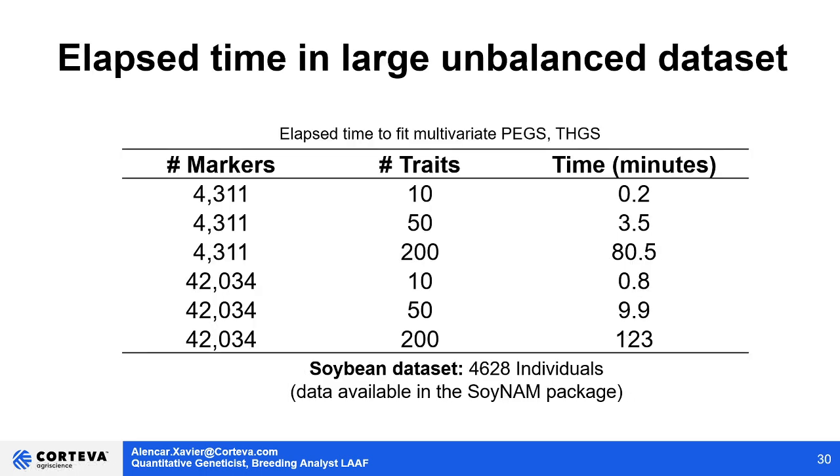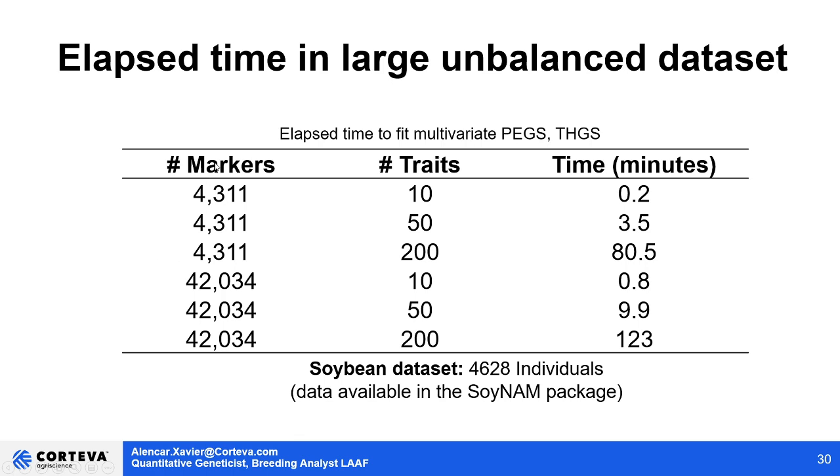For the second scenario, where we do not, unfortunately, have REML, both PEGS and THGS gave roughly the same elapsed time, so we don't have to compare one against the other. But what we can do is to increase the number of traits to see how long that will take to fit the model.